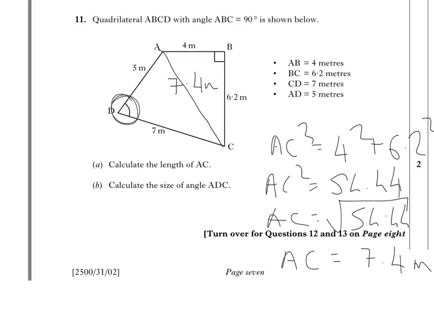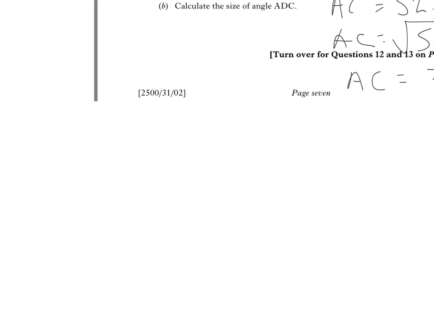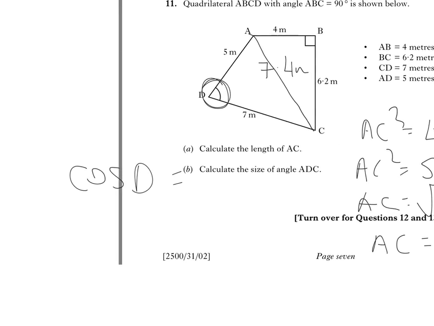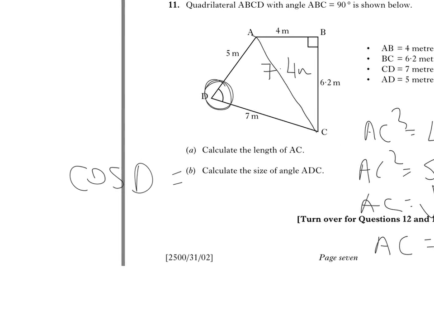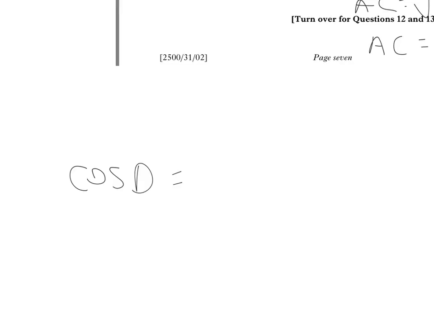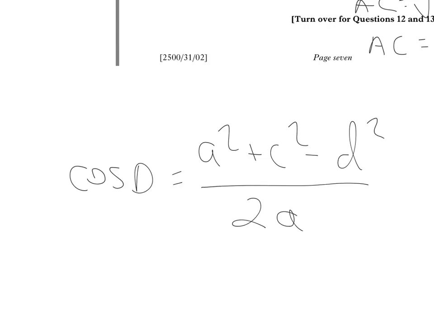So the angle is at D, so it's going to be cos D equals A squared plus C squared minus D squared over 2AC.